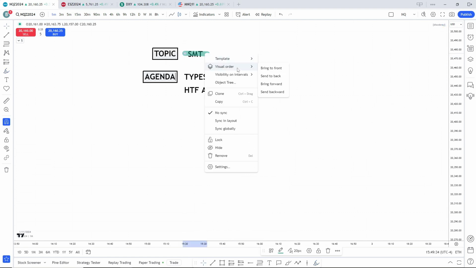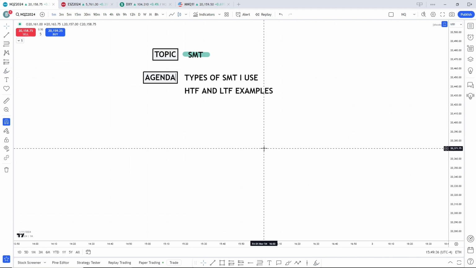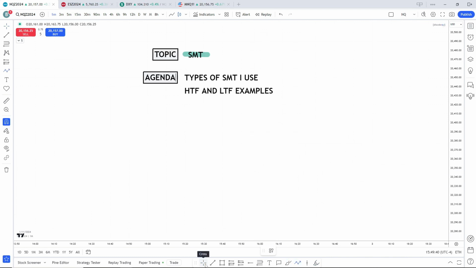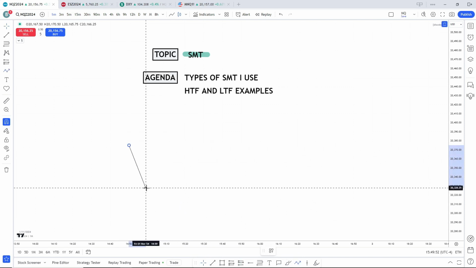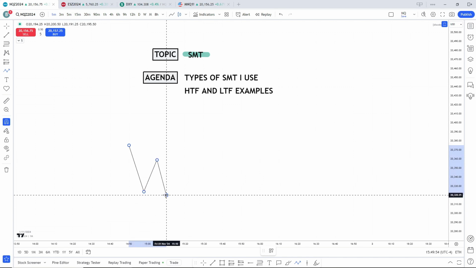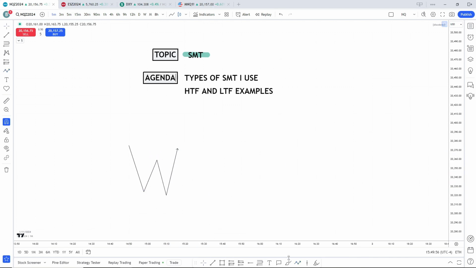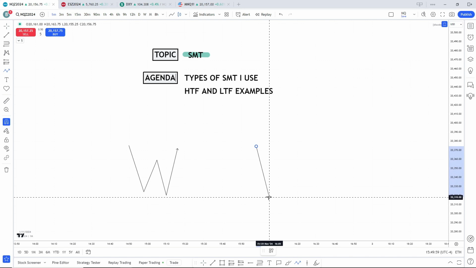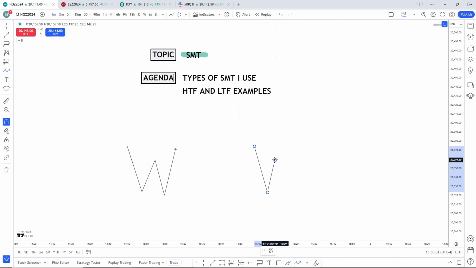Most of you who have studied ICT understand that SMT is essentially a divergence in correlation between two correlated or inversely correlated assets. For example, let's say we have NQ on the left and ES on the right.